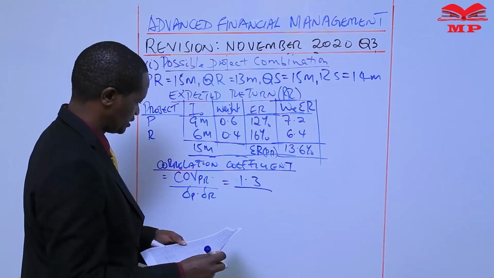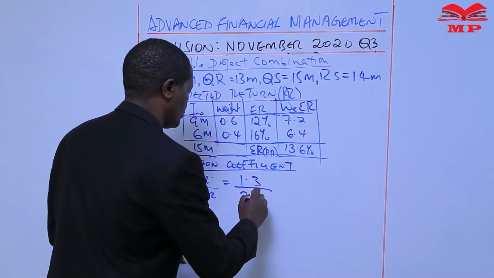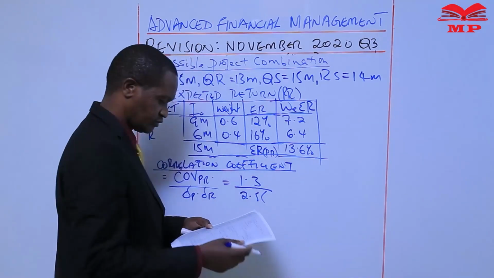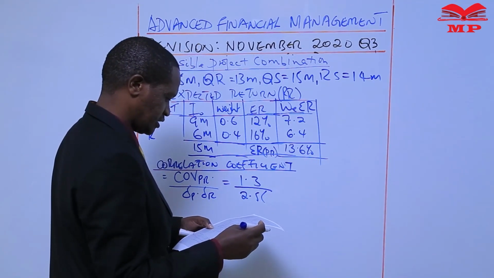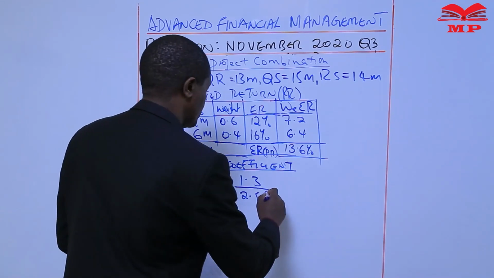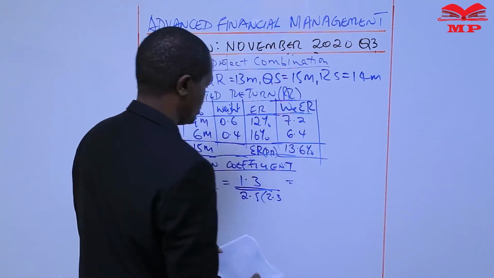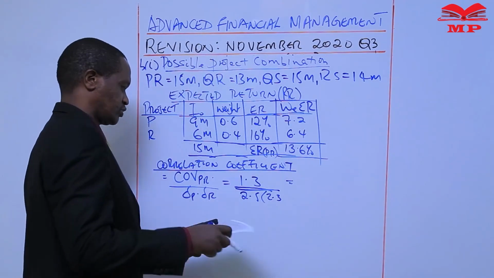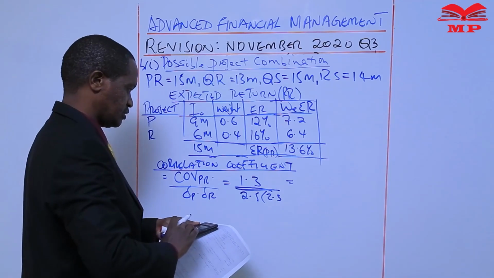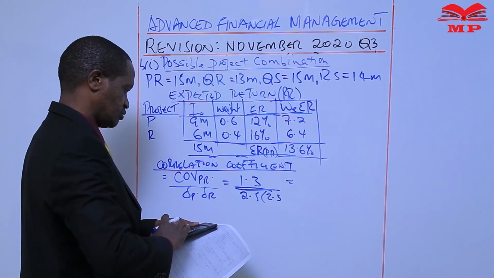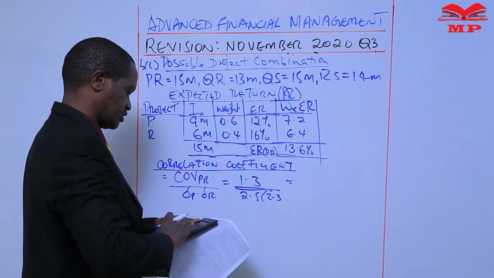For project P, the standard deviation is 2.5, times the standard deviation for project R, which is 2.3. That will be equal to 1.3 divided by 2.5 times 2.3.